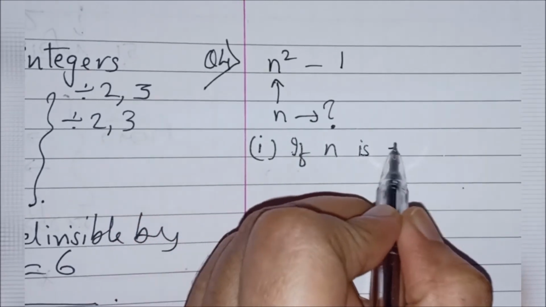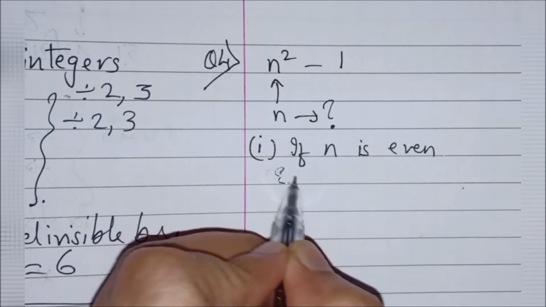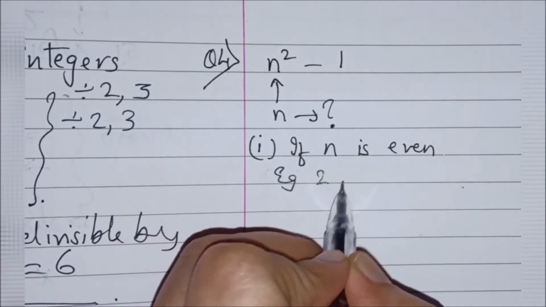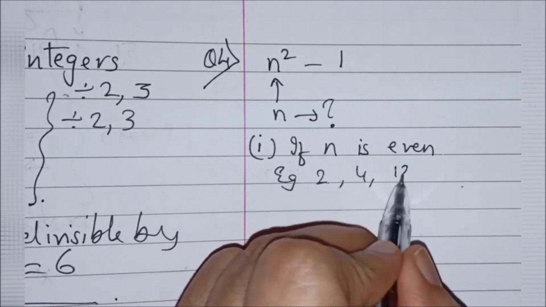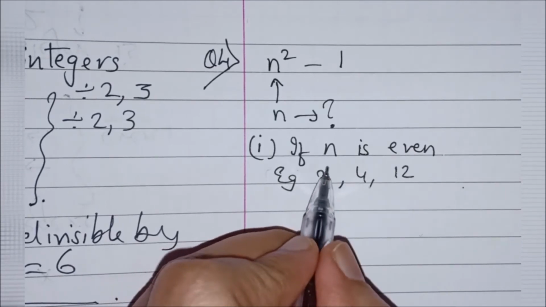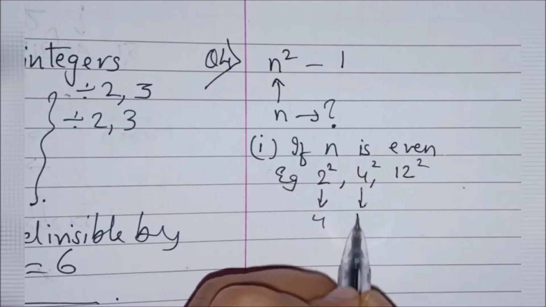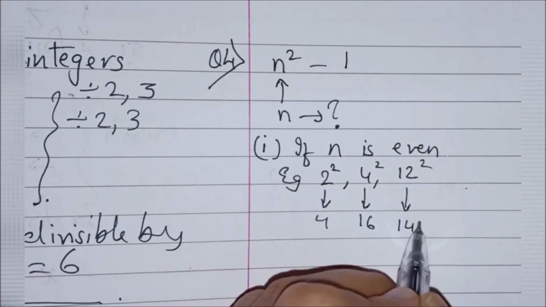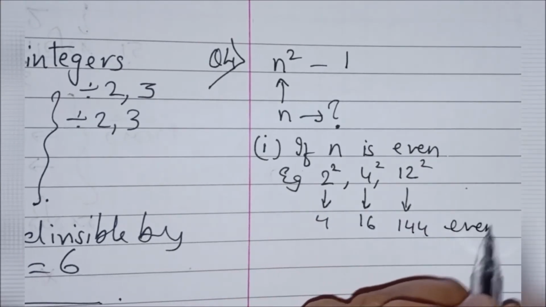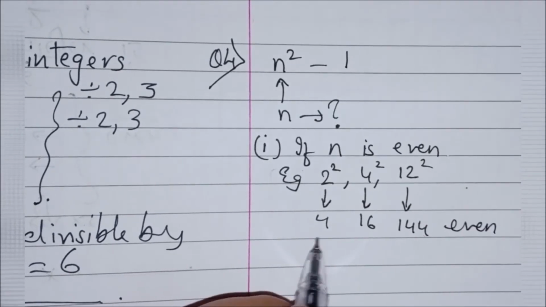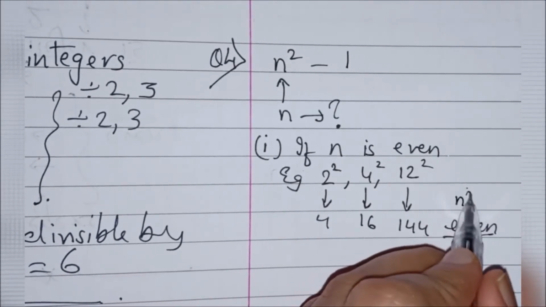Suppose n is an even number. What can we say about n square? Let's take 2, 4 or 12. These are all even numbers, and we square them. The squares will be 4, 16 and 144. So you can observe here the squares of even numbers are always even.